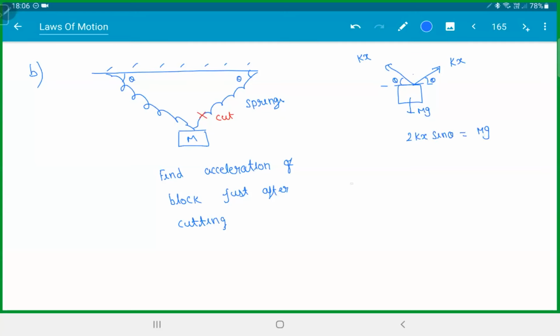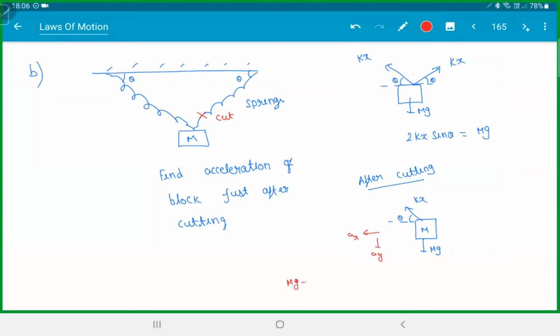So after cutting, if you look at the forces, this force will still remain kx and this weight will be mg. This will be theta, and this will have accelerations ax and ay.